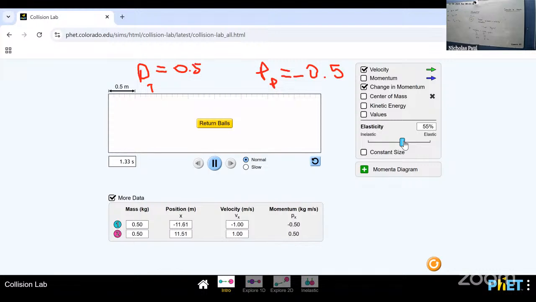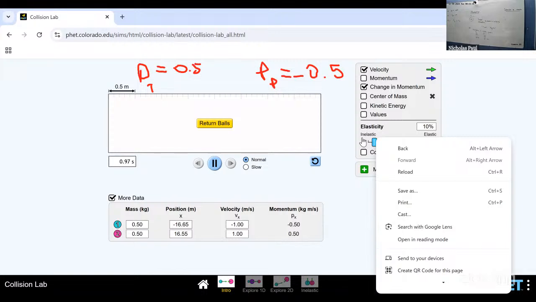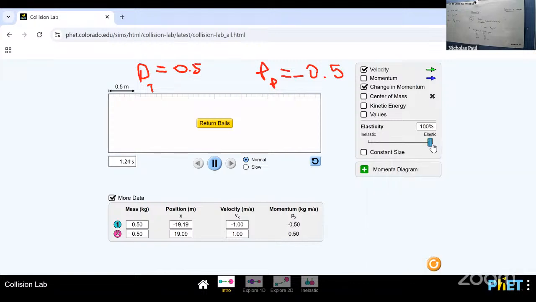That was supposed to happen. Fully elastic, right? So when they collide, it's supposed to stop. And here's why, right?